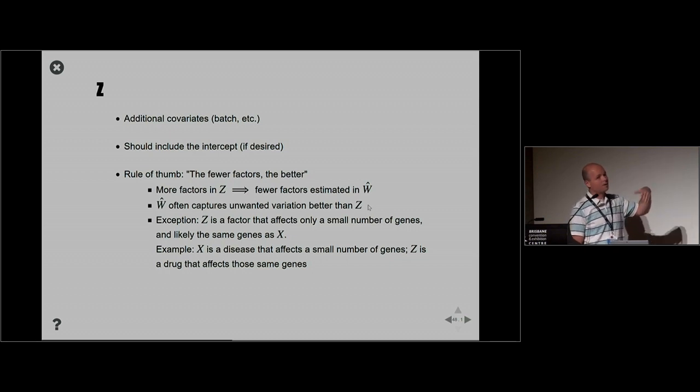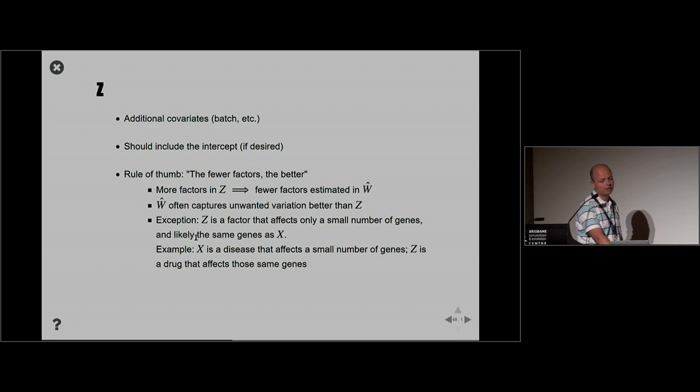So if, for example, the reason that you have unwanted variation in your data that varies from batch to batch is because of, just hypothetically, temperature variations between the different labs, well, there can also be variations within the lab in temperature, and that won't necessarily be captured perfectly just by including a dummy variable for batch, but the factor analysis will pick it up pretty well. Okay? So in practice, it often turns out that even if you know batches, it's better to leave them out and let them get pulled into your estimate for W.